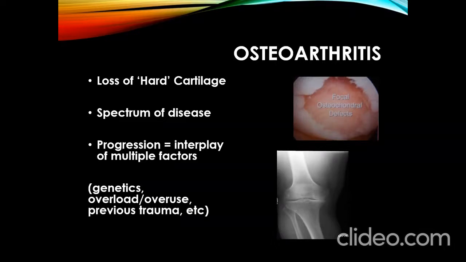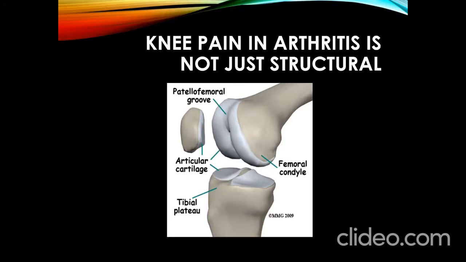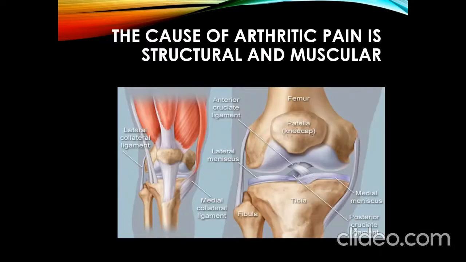How arthritis progresses is variable, and it's an interplay of various factors: genetics, your weight, work, whether you have a previous history of trauma in the knee. It's important to know that knee arthritis is not just due to structural reasons. It's not just loss of the hard cartilage that causes pain in your knee.